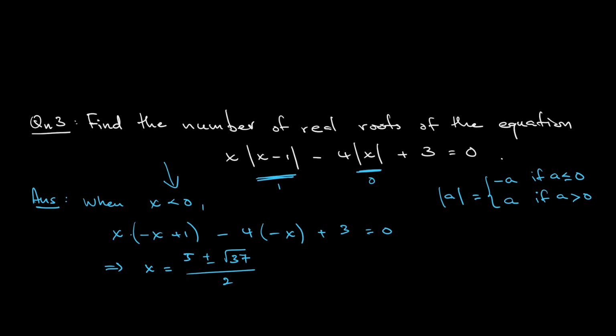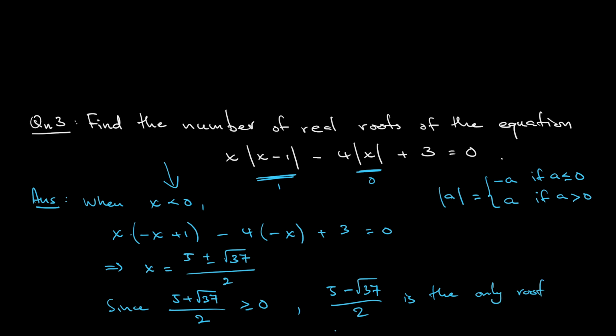Okay, so only the negative one is basically admissible, right? Since the plus is not smaller than 0, in fact it's greater than or equal to 0, that means this is the only root in this case.